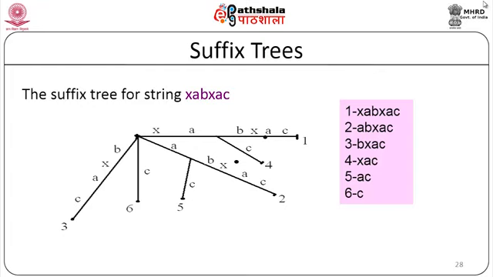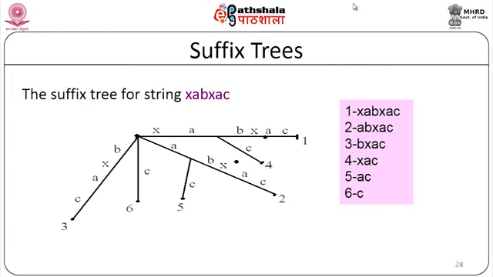So here you have the substrings XABXAC, BXAC, XAC, AC and C. And so you have here XAB, XAC, and then since XA is common in the later part, you have XAC coming from there itself.